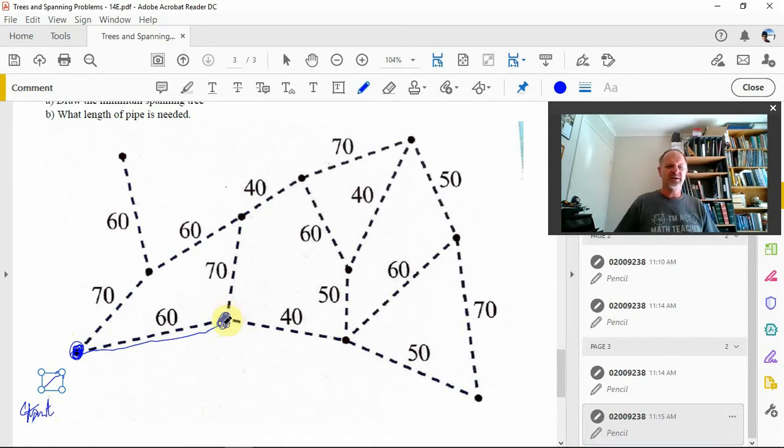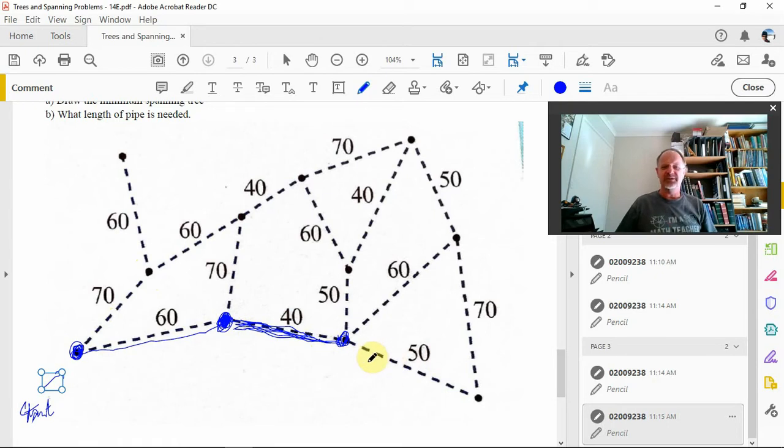And so then once we're here, we've now got this 40 that we can go. You might think, well, what about getting up here, over here? Well, 70 is a lot more than 40, so we might be able to get there while we're going through some other places that work out shorter.